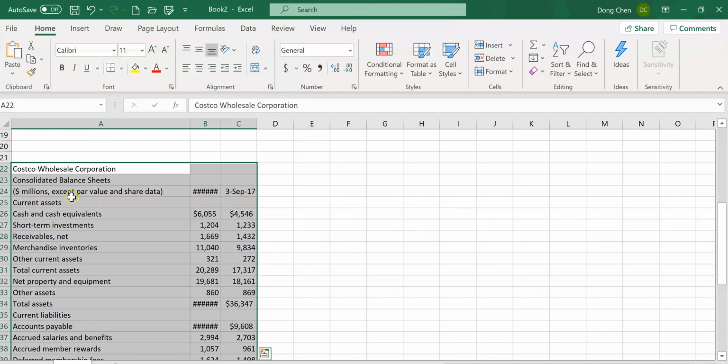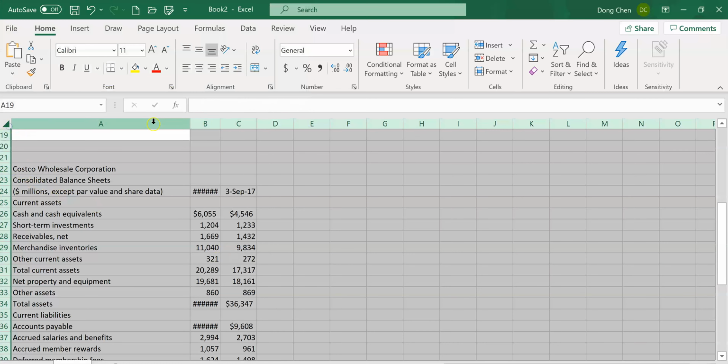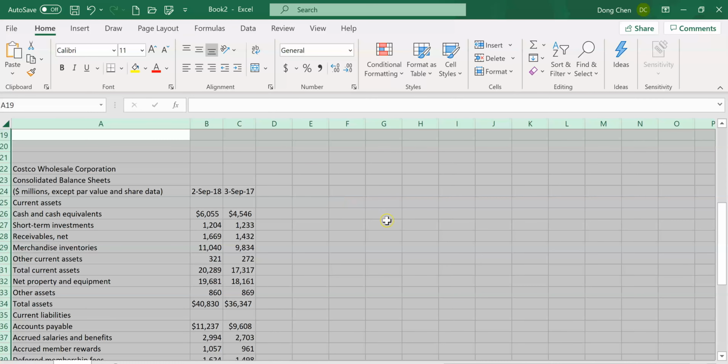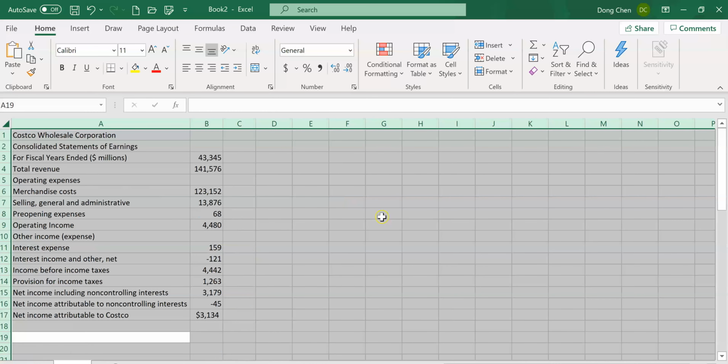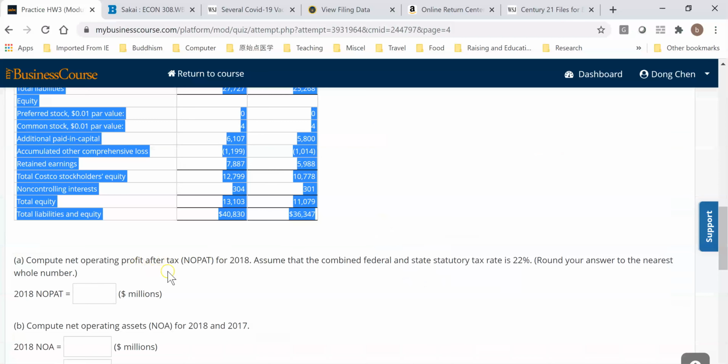All right, so the first part only uses the information from the income statement, because it's asking us to calculate NOPAT.